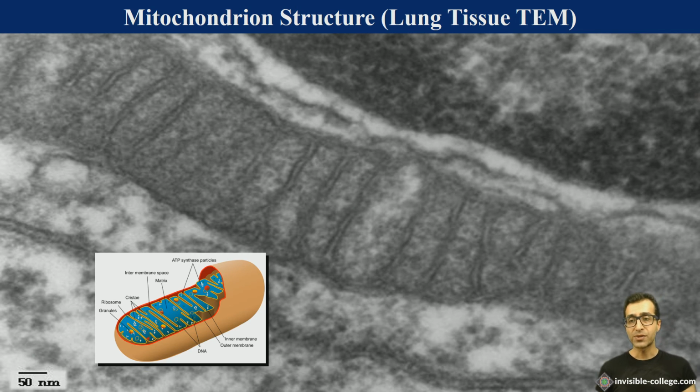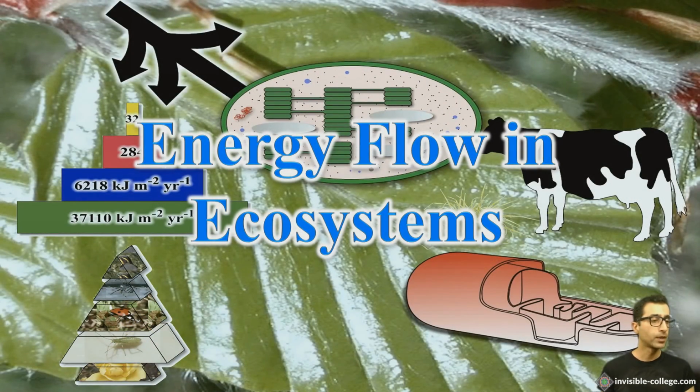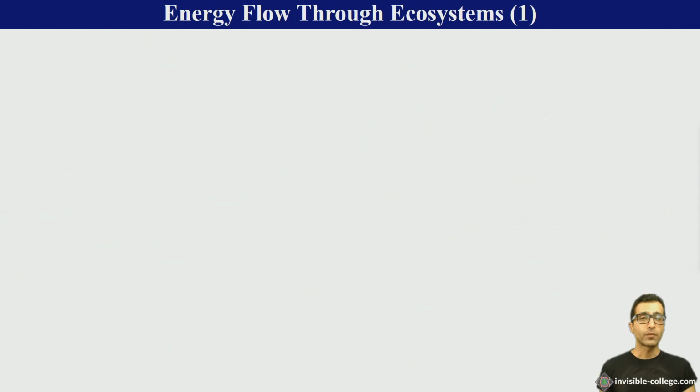So we've talked about the biochemistry of respiration and the biochemistry of photosynthesis. We now need to look at the next section of the specification, which deals with the energy flow in ecosystems. All organisms ultimately have to obtain a supply of energy and nutrients from their environment in order to survive.